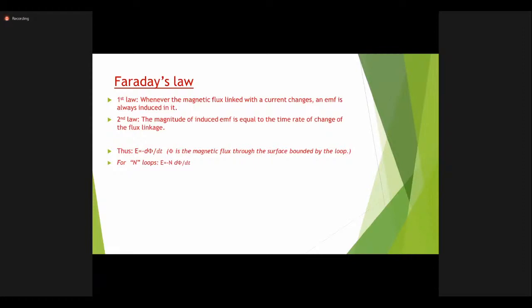Then the equation E equal to minus d phi by dt. Phi is the magnetic flux and E is the EMF induced. In general, if there are n loops of a coil, then the total EMF induced will be equal to minus n into d phi by dt. The minus sign indicates the opposite direction for the current.